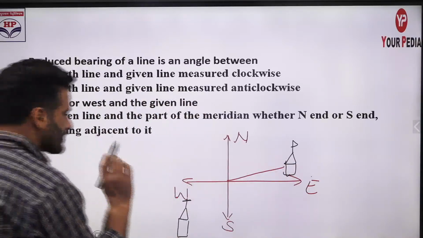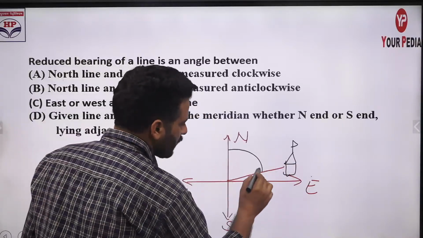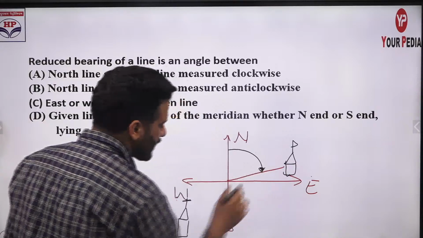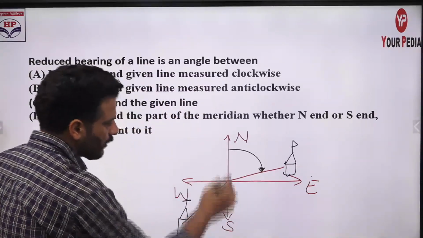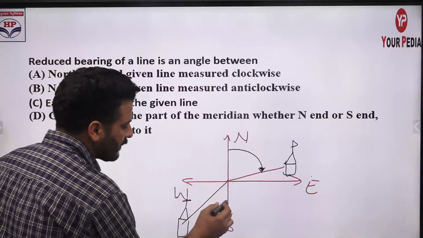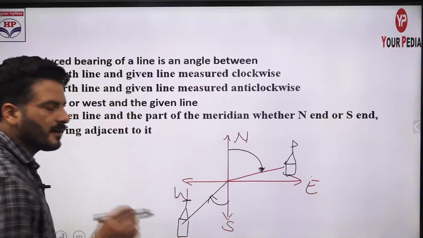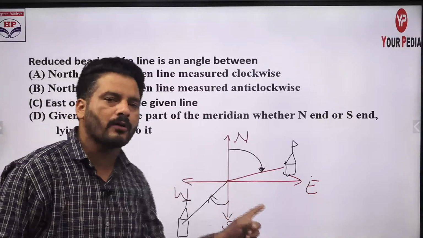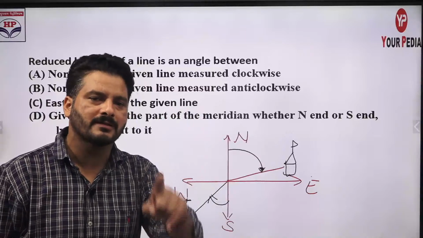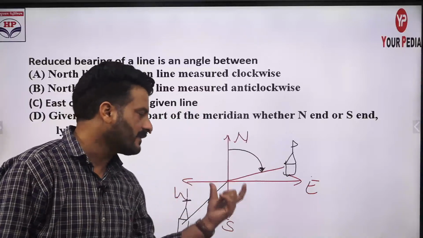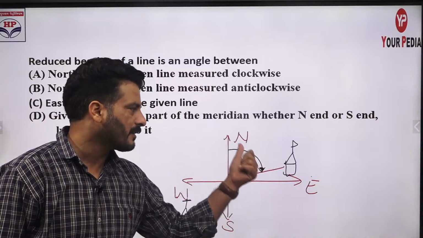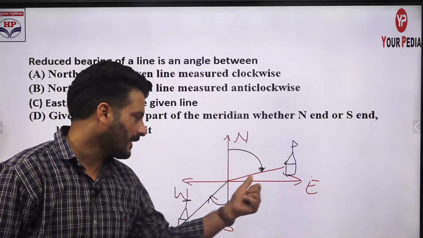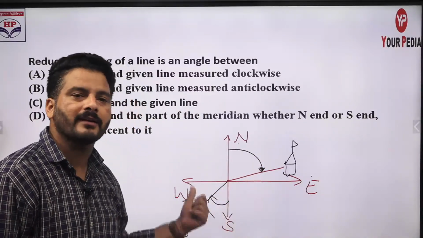Just check, if it is near to the north, then this will be your reduced bearing. Now for this object, if you draw a line with respect to this north-south axis and the line is near to the south, then the reduced bearing can be in clockwise or anti-clockwise direction, whichever is nearer to the north or south. This line is nearer to the north, so the angle is in the clockwise direction. This line is near to the south, angle is in the clockwise direction.